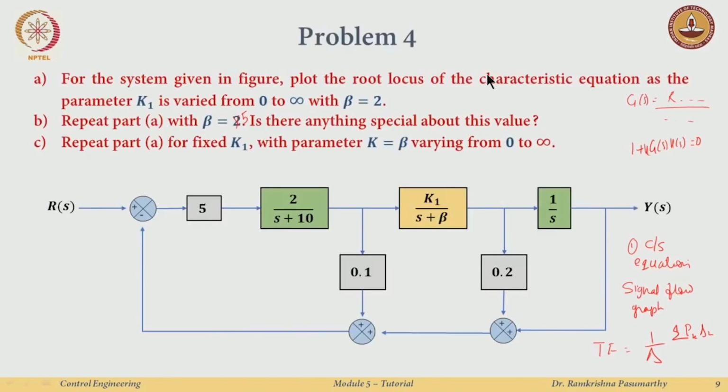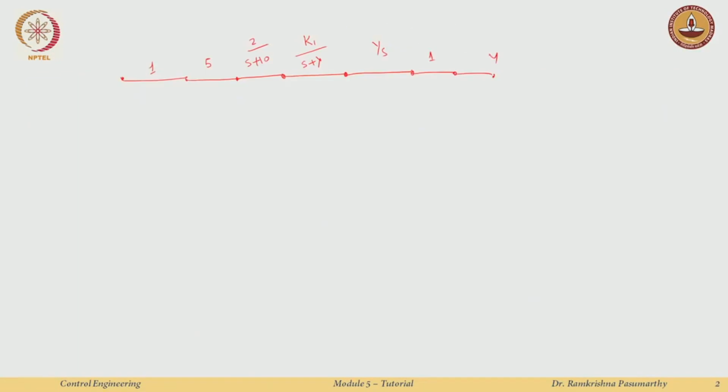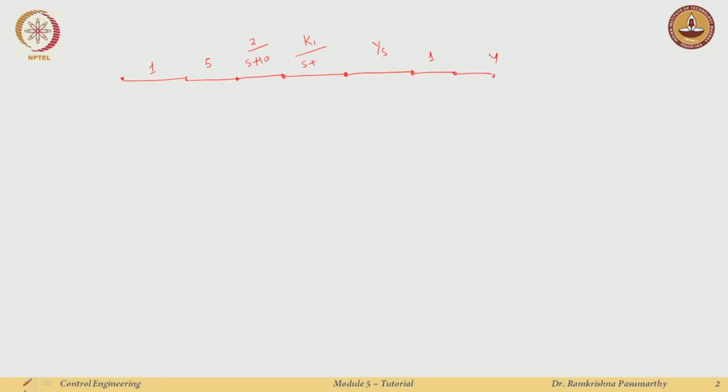So, you have R, 5, 2 over s plus 10, k1 over s plus beta. Sorry, I called it a lambda here. So, let us erase that and put a beta. Okay.